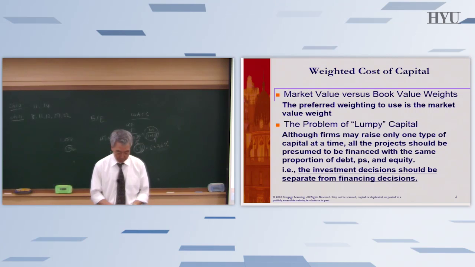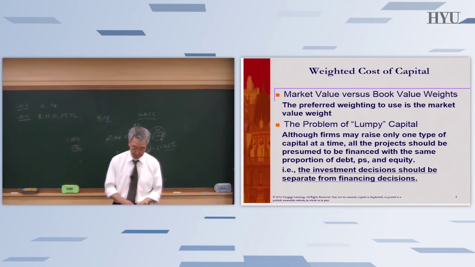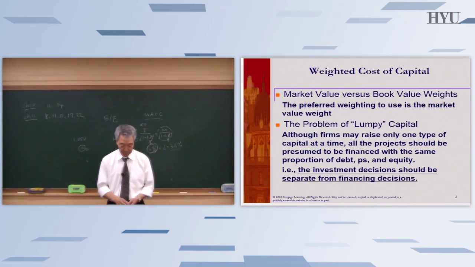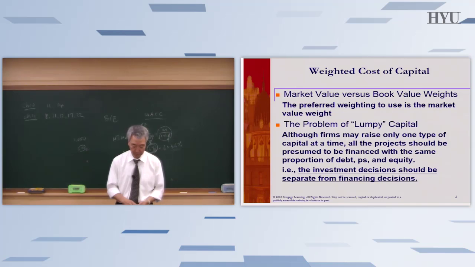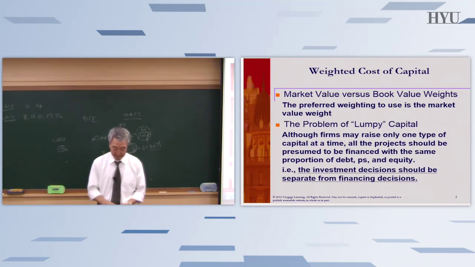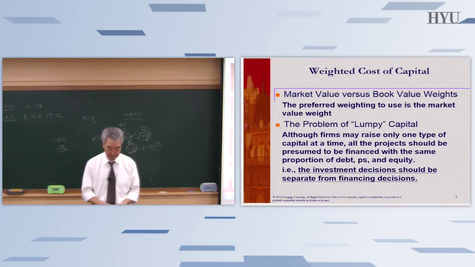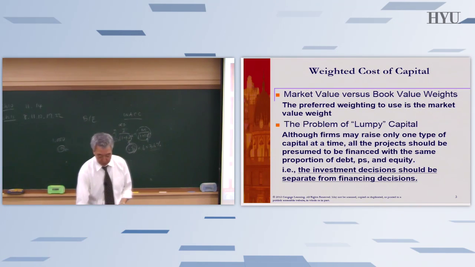Also, the problem of lumpy capital. This is not that complicated a concept, but maybe you have to understand it. Basically it means that the investment decision should be separate from the financing decision.